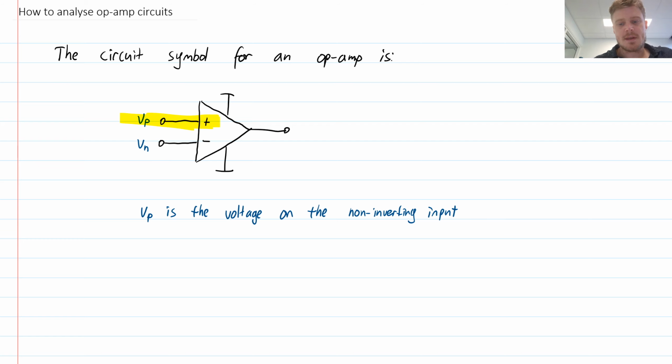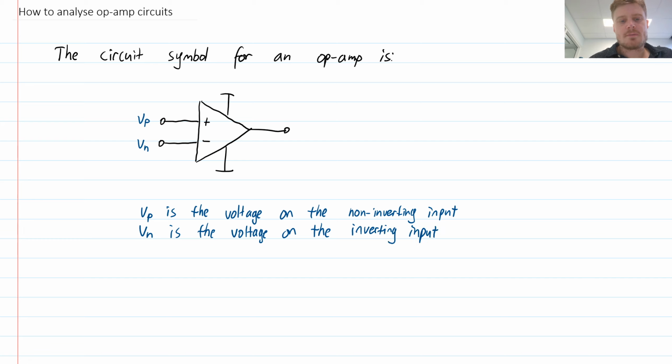So this one is the non-inverting input, and the N is the voltage on the inverting input. Inverting input is the one which has the negative sign. So this one here is the inverting input.